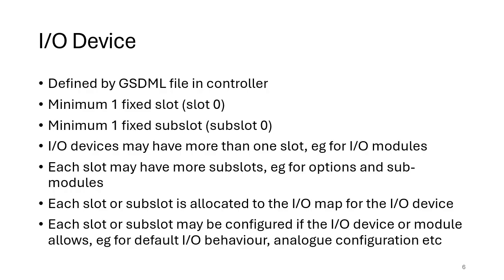For analog modules, you may be able to configure the analog module or the analog channel itself. So voltage or current, 0 to 20 milliamps, 4 to 20 milliamps, RTD or thermocouple, and so on. Maybe even engineering scaling, and so on. And all of this depends on the complexity of the I/O device. So this is where PROFINET is very flexible, gives you a lot of different options there if you're a vendor to allow you to configure an I/O device.